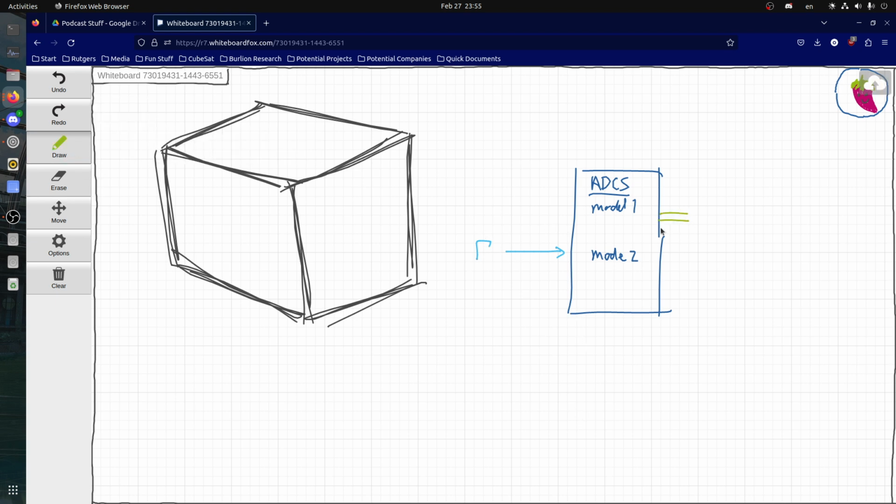Both of them will result in the same control of the four reaction wheels, but in mode two the command would be generated by the OBC, versus being internally calculated. Okay, that makes sense. And we would be able to give a command like, hey, switch over from mode 1 to mode 2, from the OBC. Yeah, from the OBC. Okay, so that makes a lot of sense.